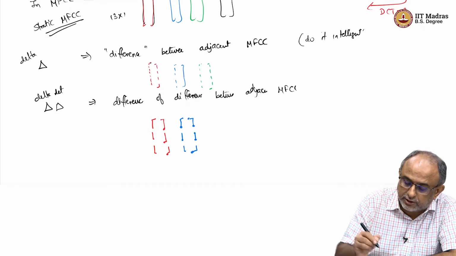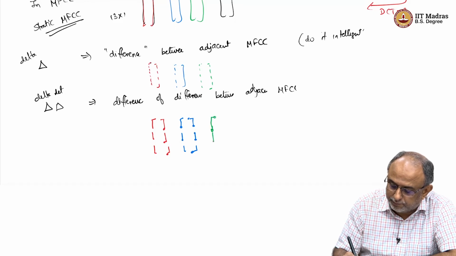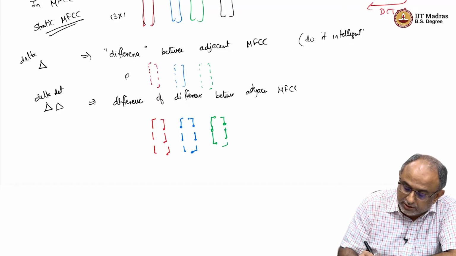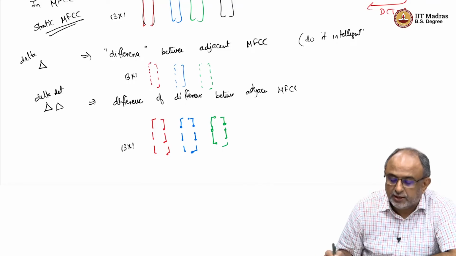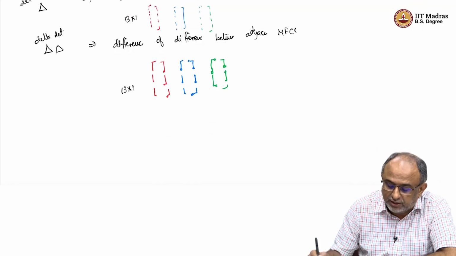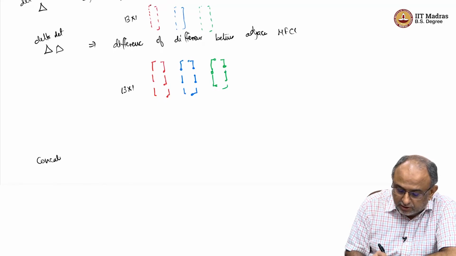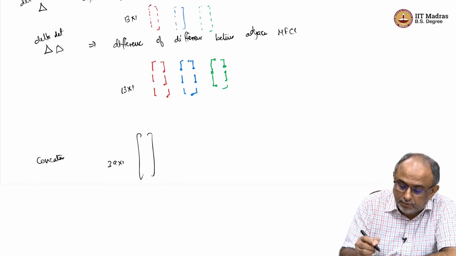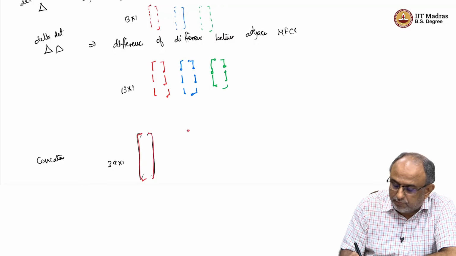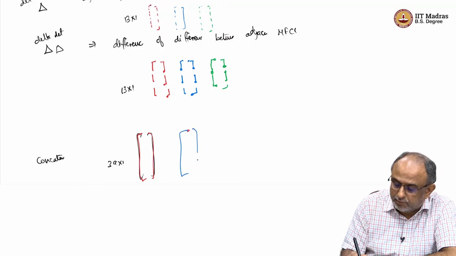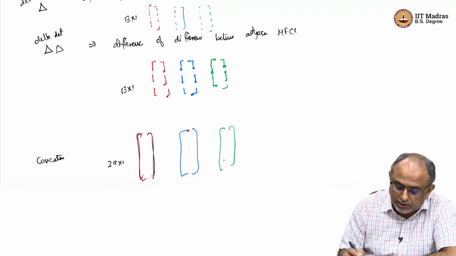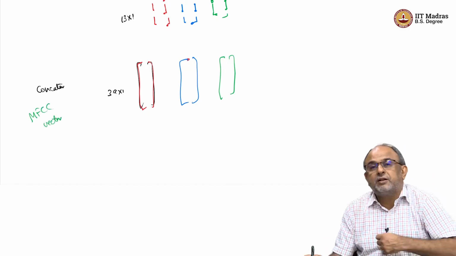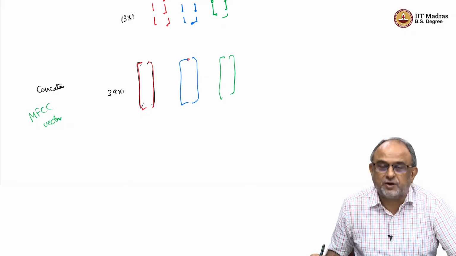Each will be 13 cross 1, and we concatenate all of these and get 39 cross 1 MFCC vectors, and that is used mostly in your GMM-HMM kind of methods.